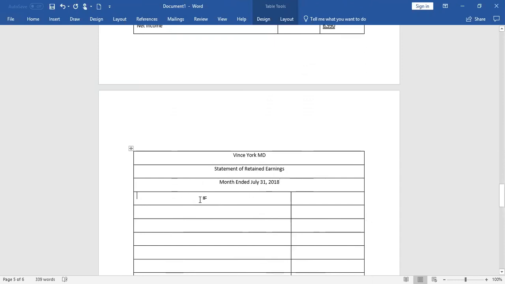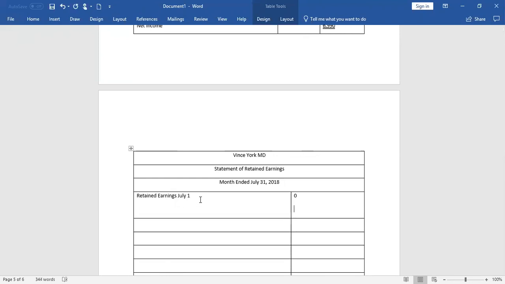Remember, we're determining how retained earnings changed for a period of time. So we must start with where it was at the beginning of the month. So we'll put retained earnings July 1. Well, as of July 1, in a brand new business such as Vince York MD, there are no beginning retained earnings. There were no earnings before July 1, so there's nothing retained as far as earnings go.